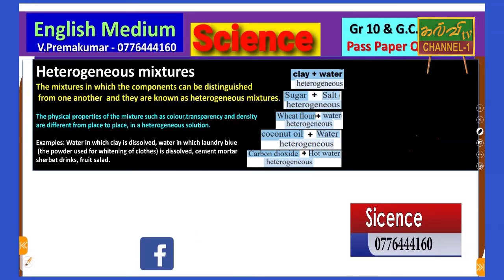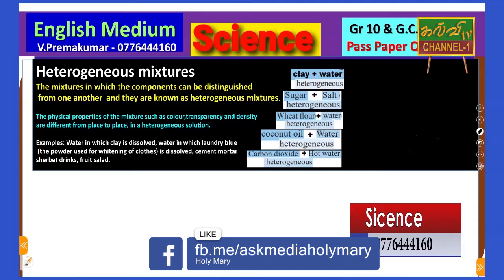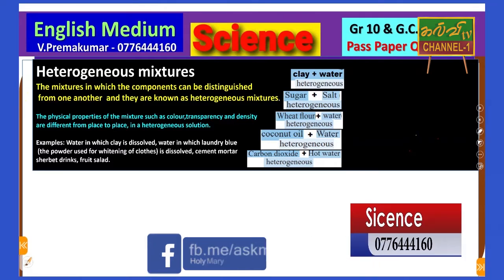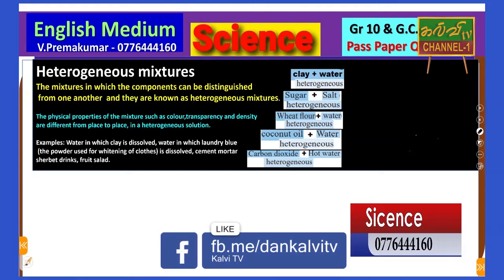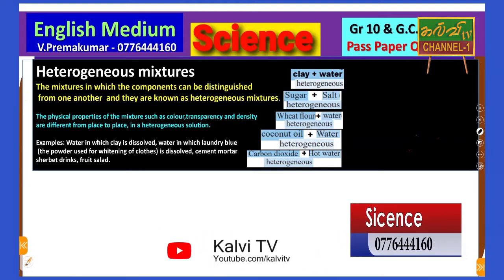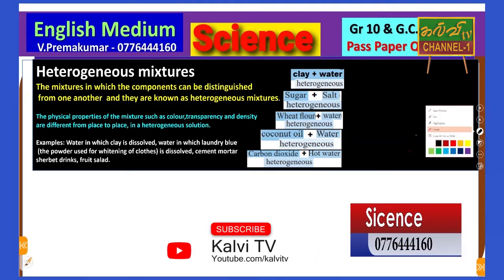So now according to these notes, physical properties of the mixture such as color, transparency and density are different from place to place in a heterogeneous mixture, right.